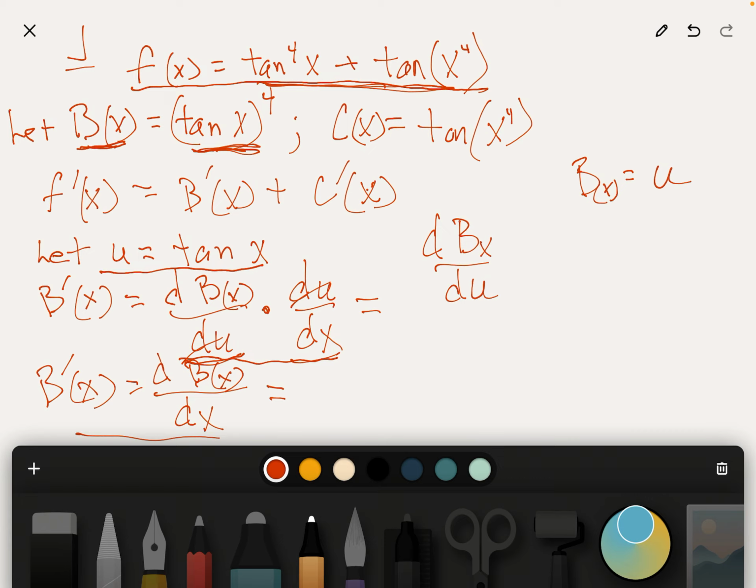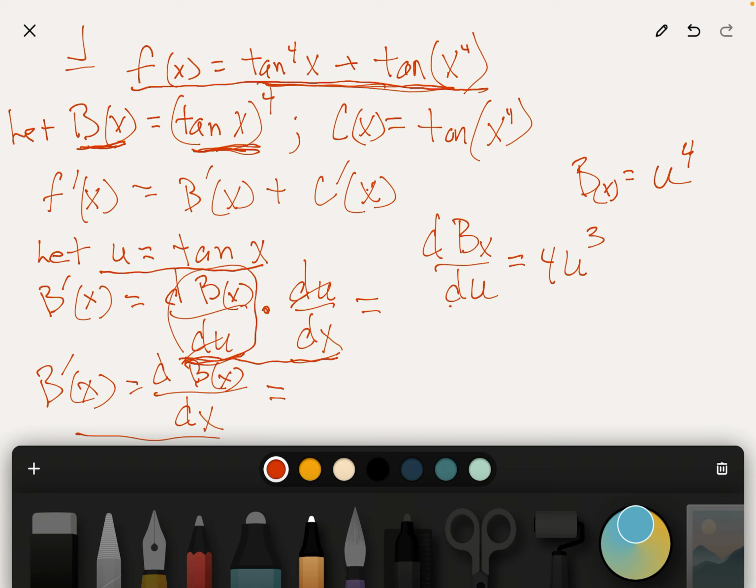So if u equals the tangent of x, then b of x equals u to the fourth. So db over du is 4u cubed. Okay, so that's easy. So we've got this term here.